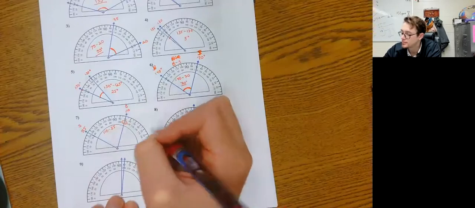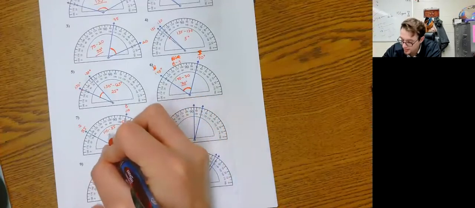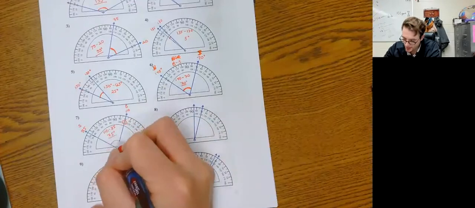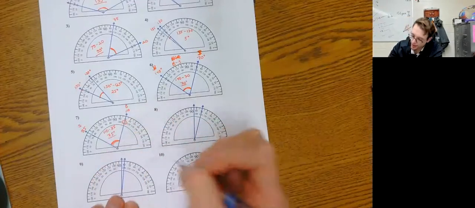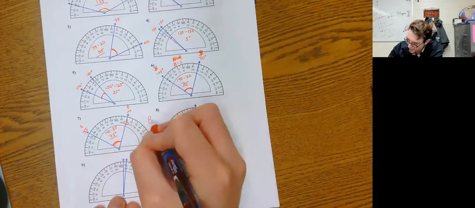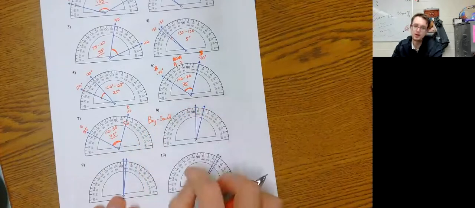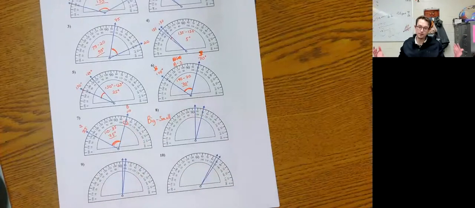No, 75. 75 degrees. So this angle would be 75. So it's big minus small. Big angle minus small angle will give you the angle you're trying to find when using the protractor.